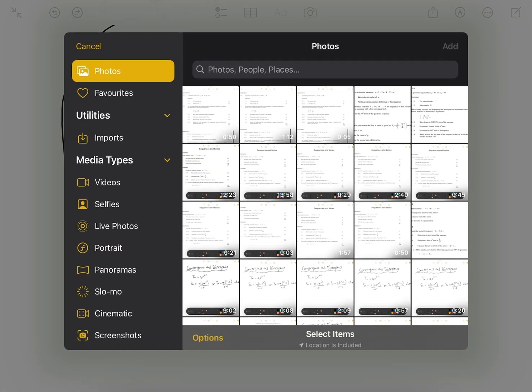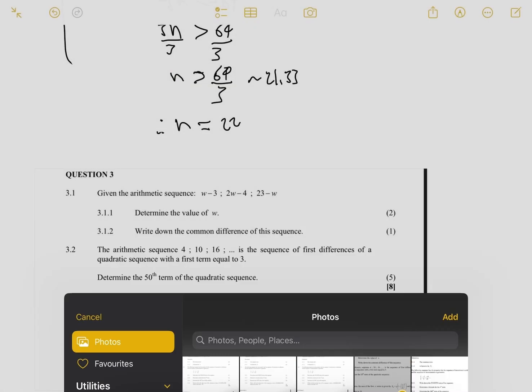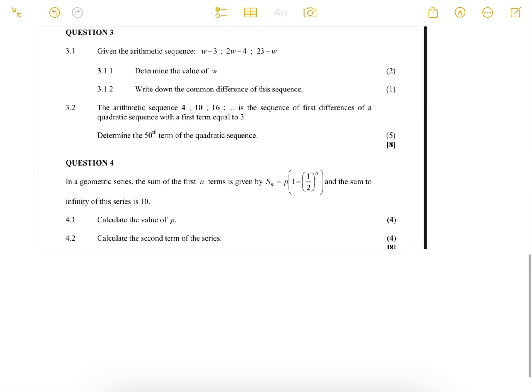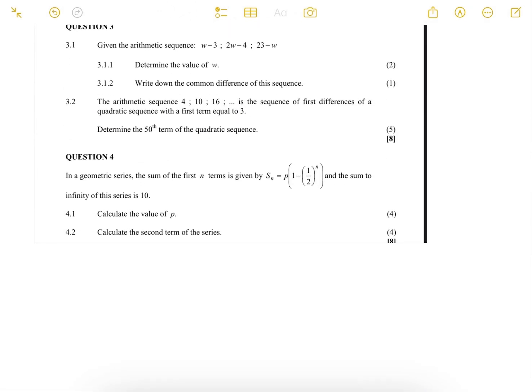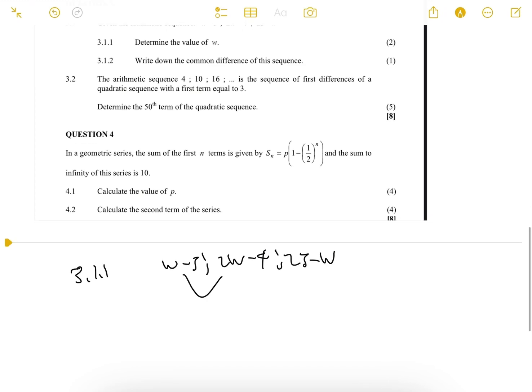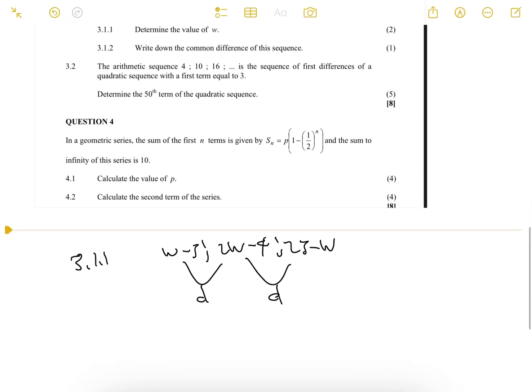For question 3, we are given an arithmetic sequence defined by w minus 3, 2w minus 4, 23 minus w, and they say determine the value of w. For 3.1.1, we know there's a common difference since it's arithmetic, right?